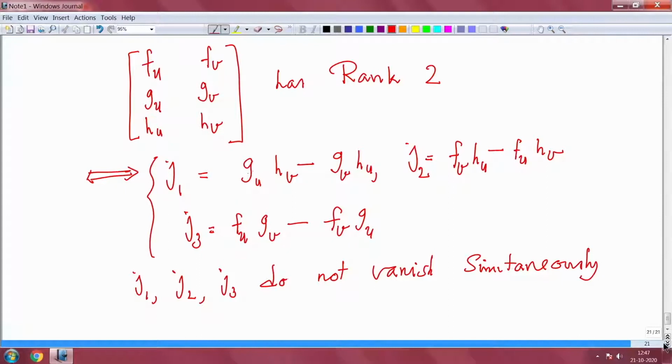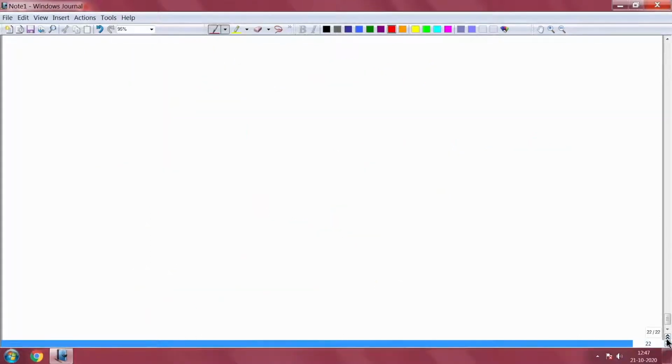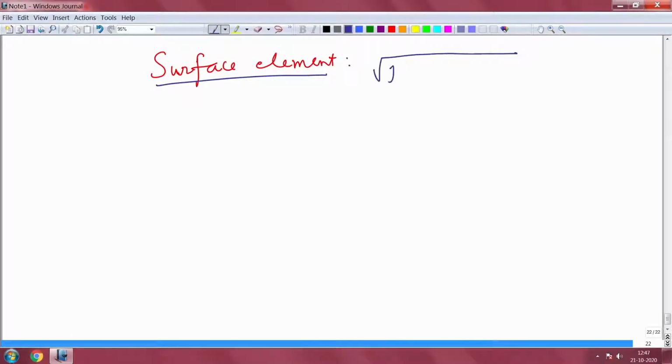So, with this you get a surface element. I am writing it in a very general form, as we have seen in one dimension. So, the surface element will be the square root of J1 square plus J2 square plus J3 square, delta u delta v.